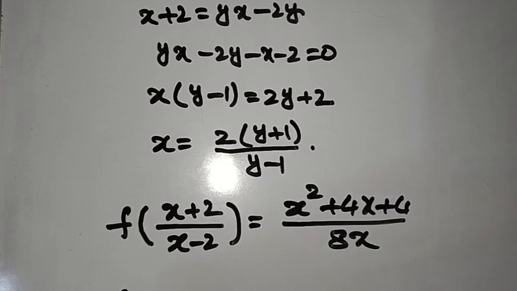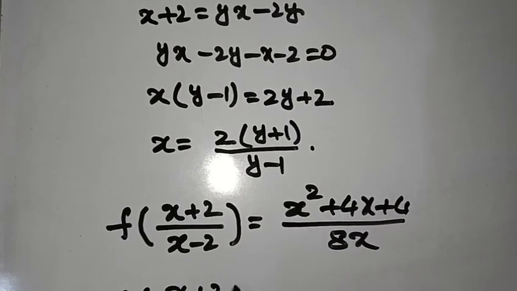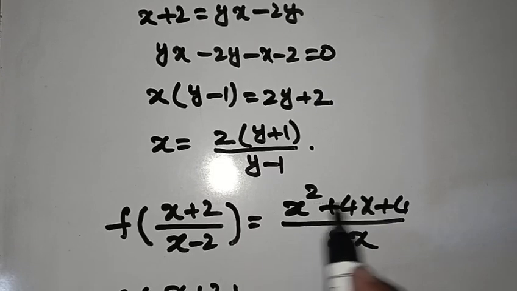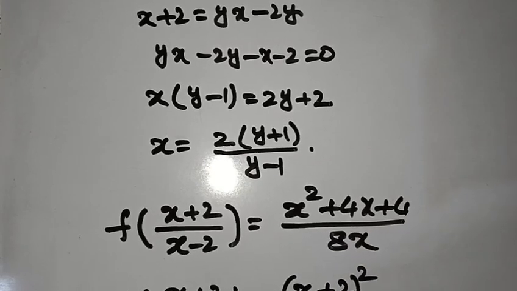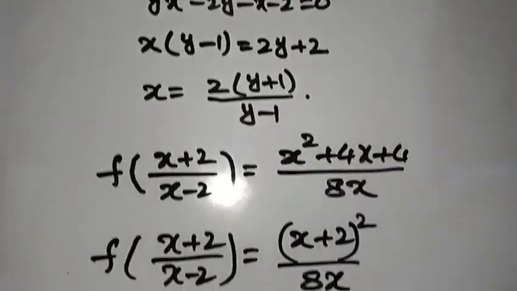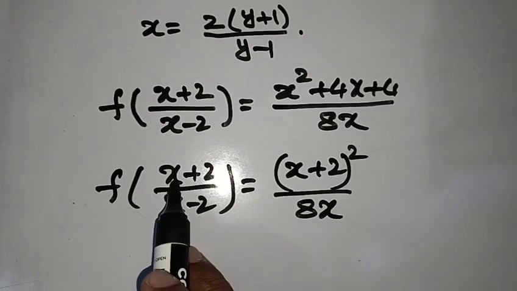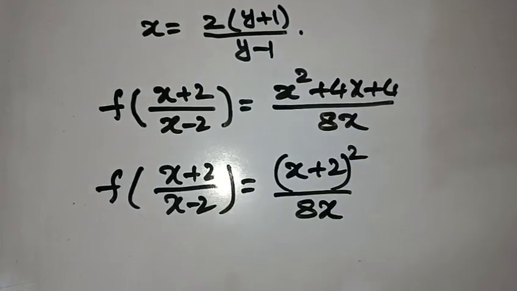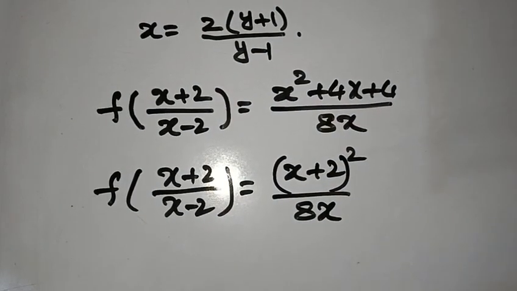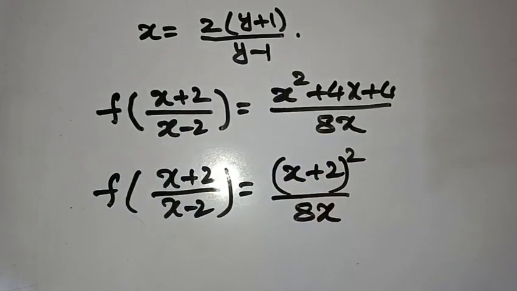So now here one more extra step, I write it, f of (x+2)/(x-2) is equal to, this is clearly (x+2) whole square, so I am writing (x+2) whole square divided by 8x. So this is clear. So now here what I do is, I replace (x+2)/(x-2) by y as I have assumed earlier. Then whatever I get for x, that I take as 2 times (y+1)/(y-1).